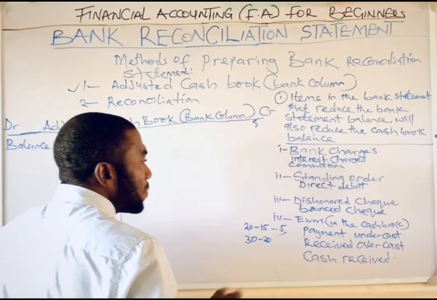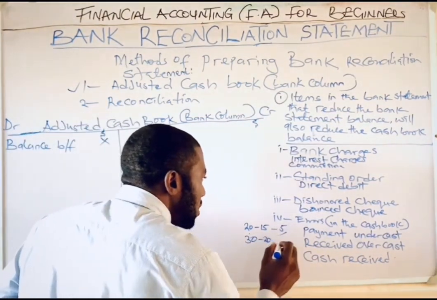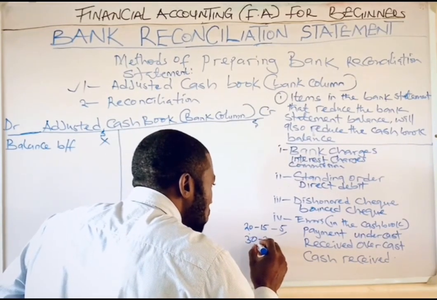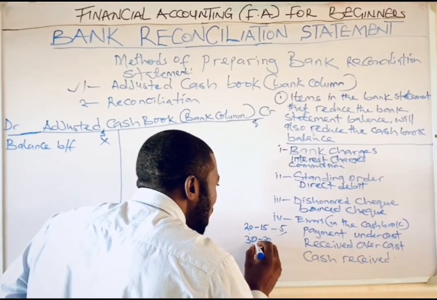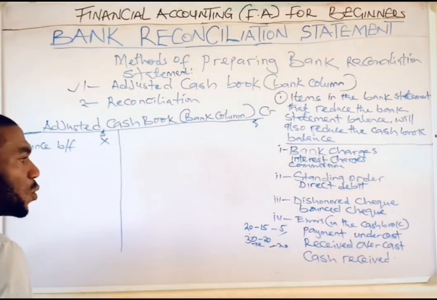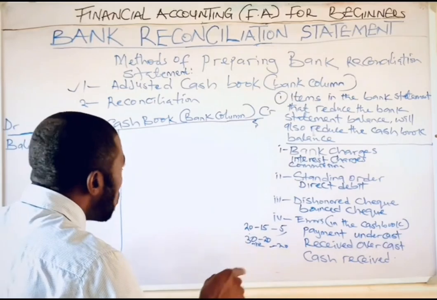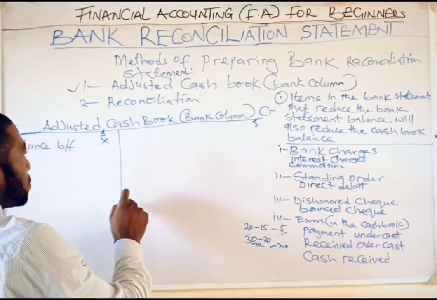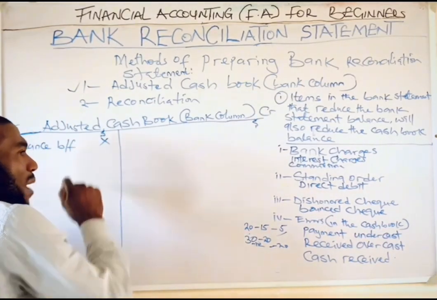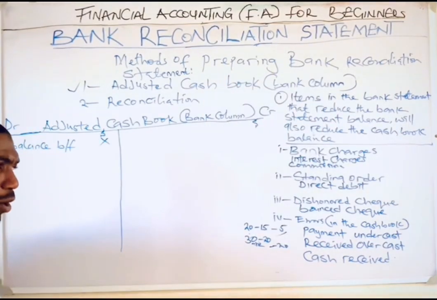So after identifying the error, you will remove it. You will reduce this 30 by 10 to give us 20. So received overcast, the difference, that is the error, will come to your cash book to reduce the balance already recorded higher. I hope you are getting it.